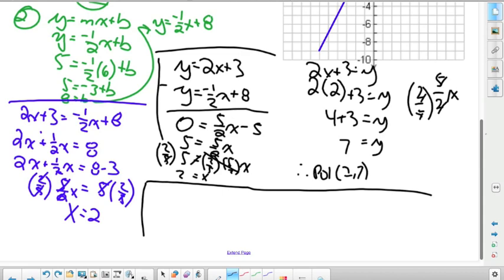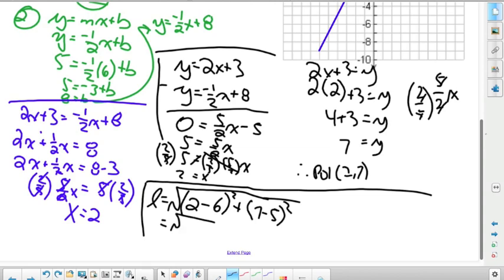So that we can do L is equal to square root of x2. So I'm going to do 2 minus, was the original question 6? Squared plus 7 minus 5 squared. All that work just to get to there. So L is equal to square root of -4 squared plus 2 squared.